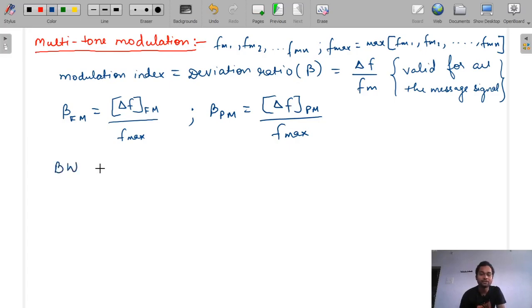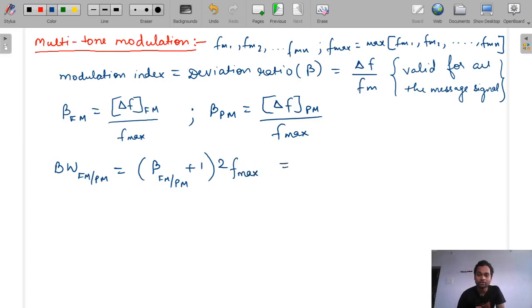Now bandwidth using Carson's rule. The bandwidth of FM or PM, both using Carson's rule, is given as beta plus 1 into 2. If it is asked for FM, then FM; if it is asked for PM, then PM. Earlier we used fm, but here it is multi-tone modulation, so we will take f max.